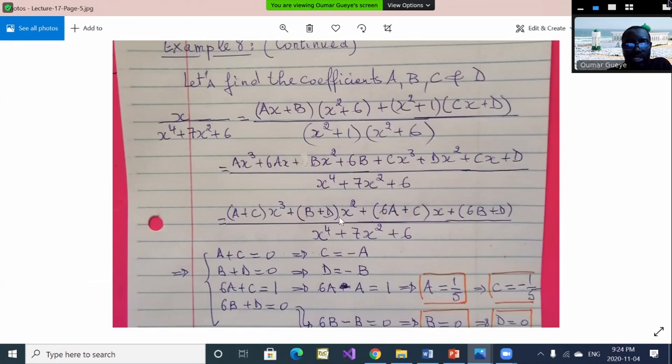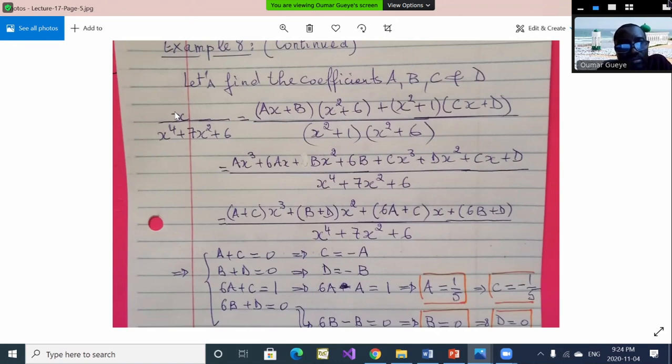Now you can see the denominator is still the same. We only have to compare the two numerators. You can check here that the coefficient of x cubed from the right is equal to a plus c. And from the left, the coefficient of x cubed is 0 because there is no x cubed here. If one x to the power n is missing, it means its coefficient is 0.